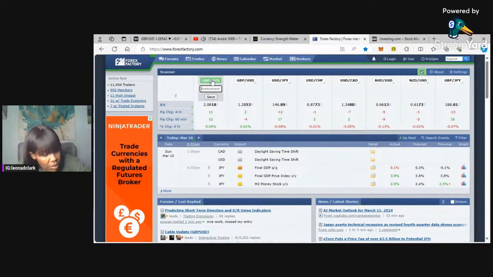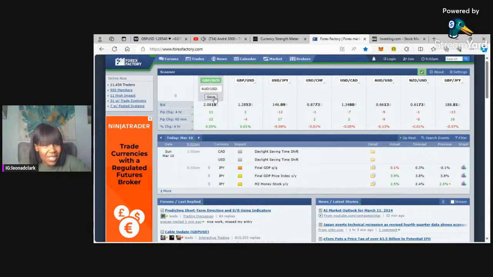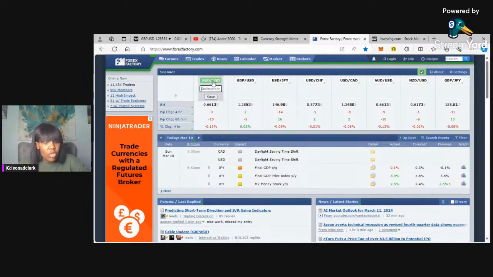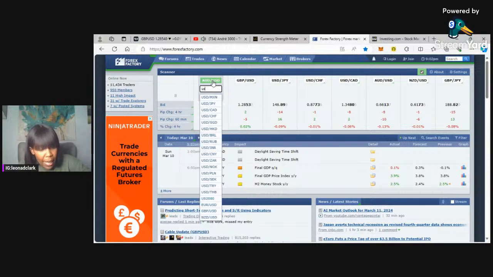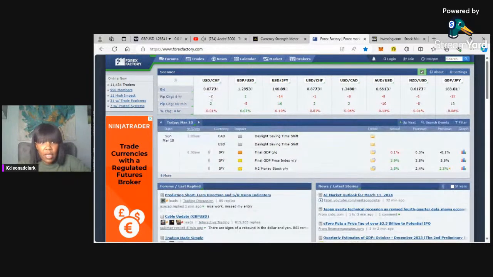Okay, AUD NZD, AUD USD supposed to be a sale, so we should see 2 red numbers, which we do. Check mark next to AUD USD for a sale. USD CHF is supposed to be a buy. Let's see if we see that.